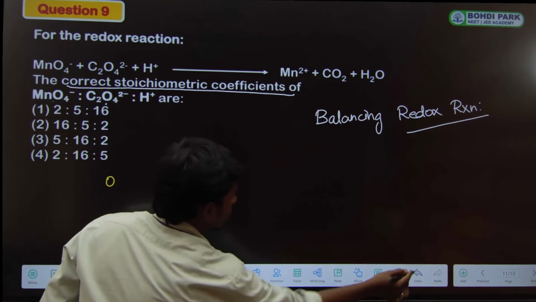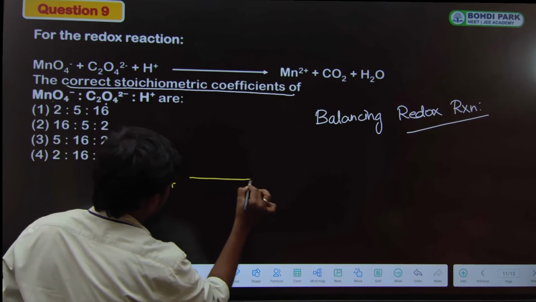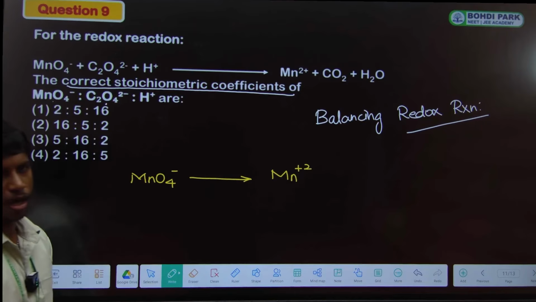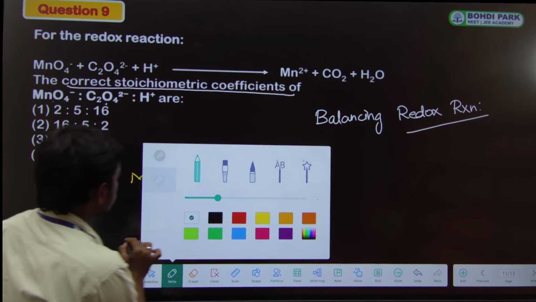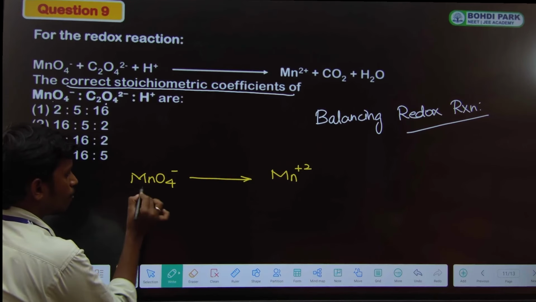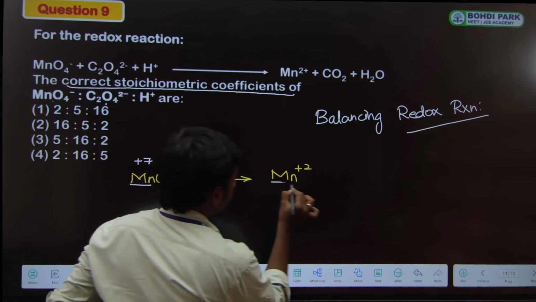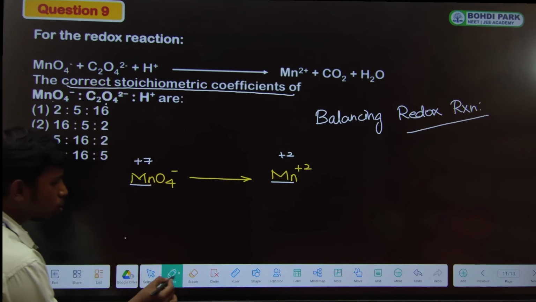Okay, so what is happening? MnO4 minus is converted to Mn2 plus. Here the manganese oxidation state is plus 7, and here it is plus 2. And what else?